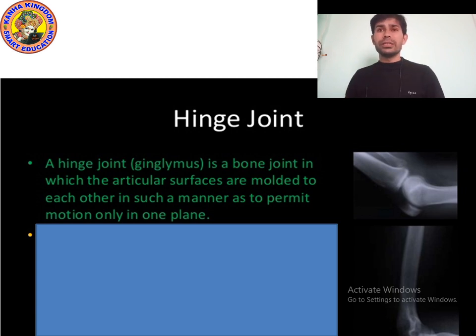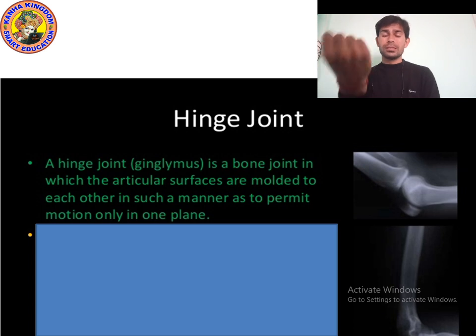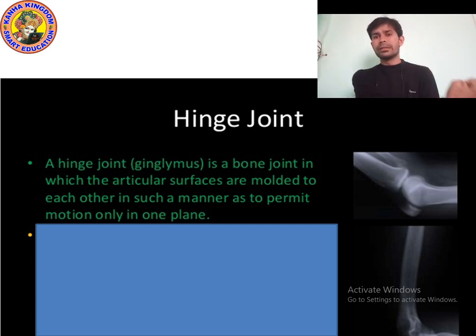In hinge joints the articular surfaces are molded, so our bones can move only up and down, or a little bit side to side. These kinds of joints are known as hinge joints.